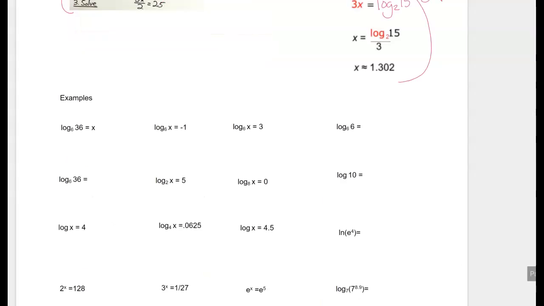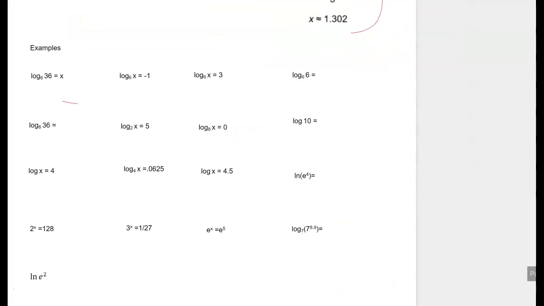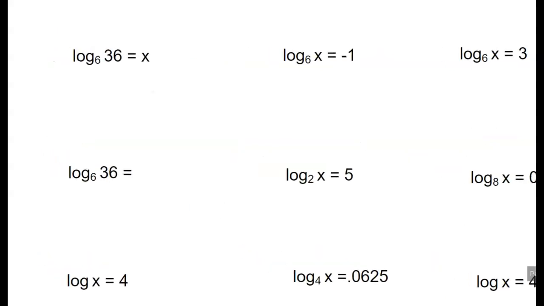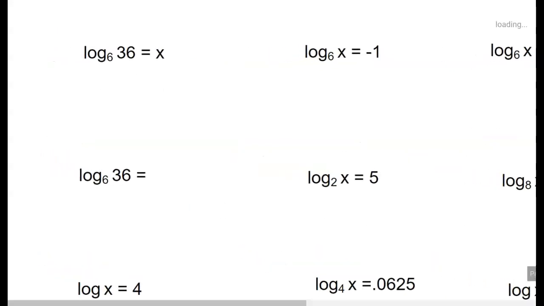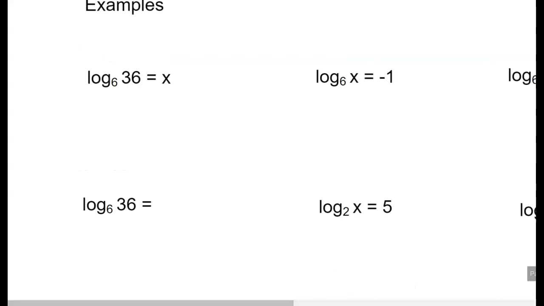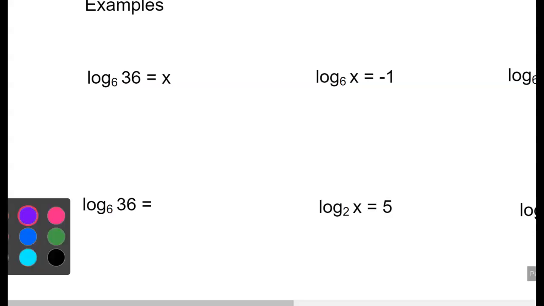Okay, so now let's take a look at what we did last class first. Here, I'm not having to undo a log because I don't have a variable inside of a log. I just have a log and I'm trying to evaluate it. What question do I ask myself?